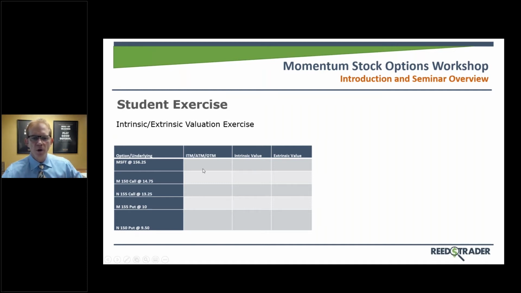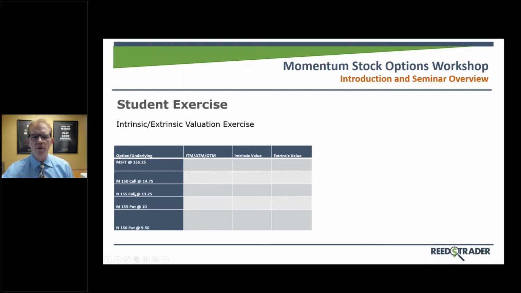First of all, we're going to go through and say, are each of these options in the money, at the money, or out of the money? The 150 call is less than the value of Microsoft. If you could buy Microsoft at 150 and sell it at 156.25, would you do that? Yes, you would. So it's in the money.